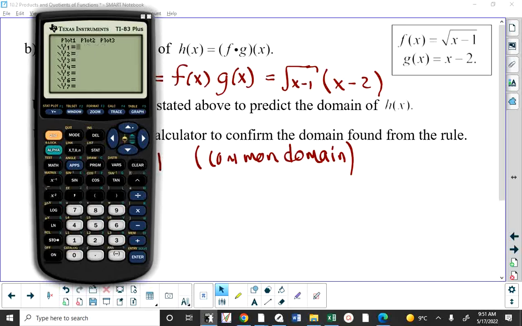So y is equal to the square root of x minus 1. Close the brackets and then multiply by, in brackets, x minus 2. Let's go zoom standard. And I will zoom in a bit so you can see it in a little more detail. We do have to contend with the limitations of your graphing calculator in terms of the graphics.